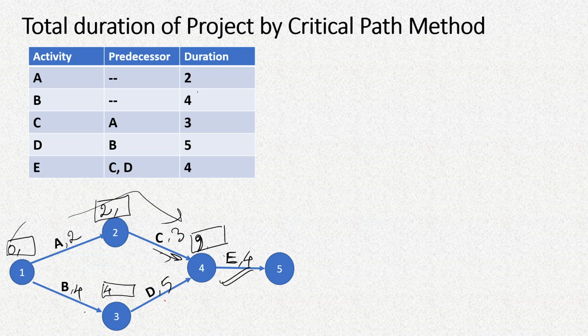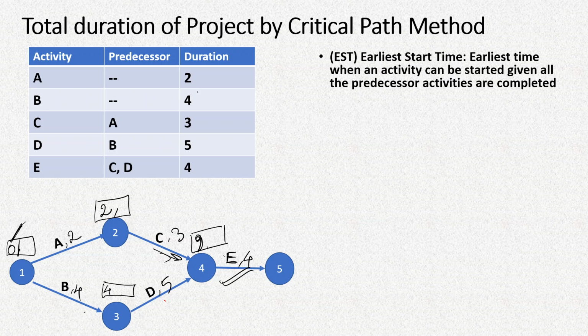Now here we can say that activity A can be started at the earliest on day number 0. That is called the earliest start time. Earliest start time is when an activity can be started given all the predecessor activities are completed. For activity A, there was no predecessor activity. Similarly for B also.